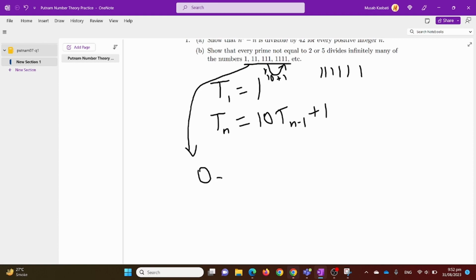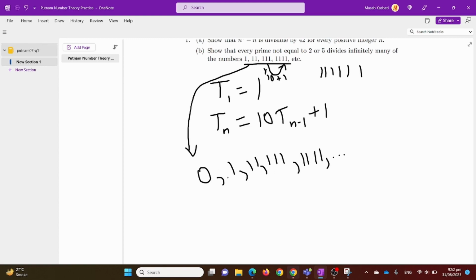That sequence is 0, 1, 11, 111, 1111, and so on. You'll see that this is identical to the original sequence, only that I add a 0 here. Why I did that will hopefully be apparent in a minute.